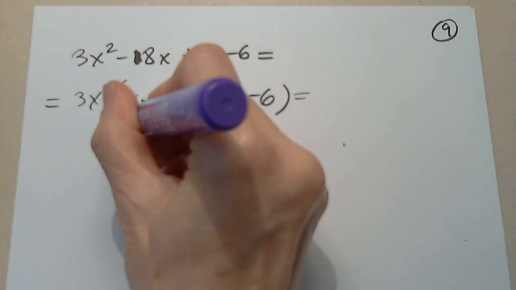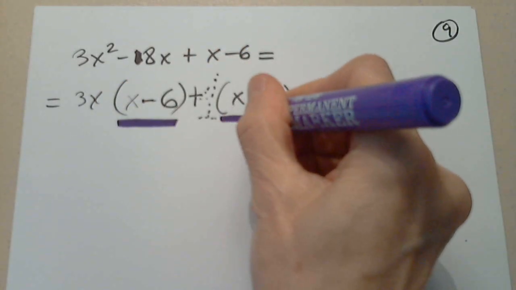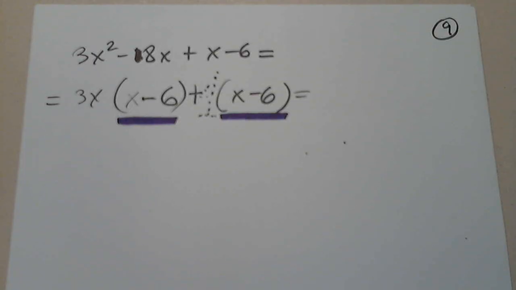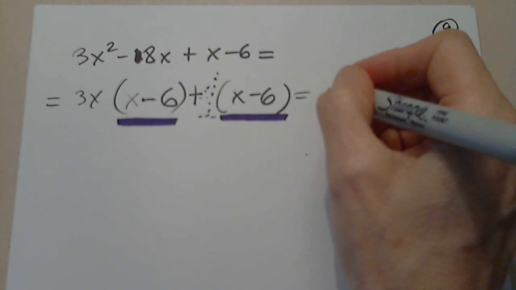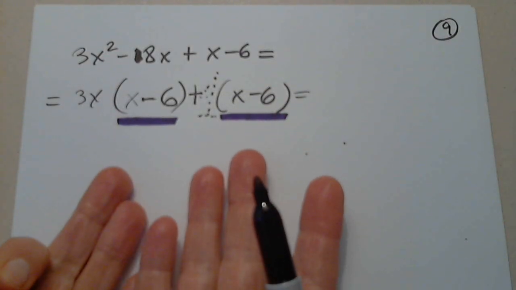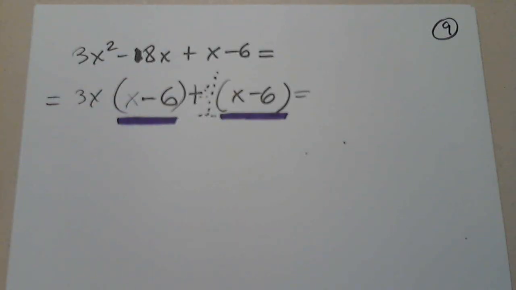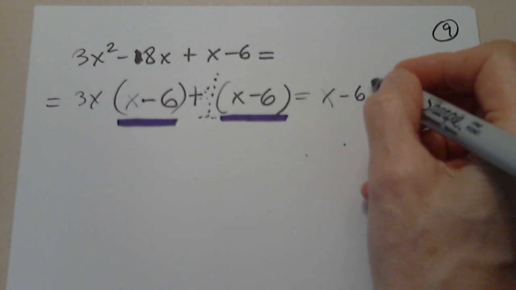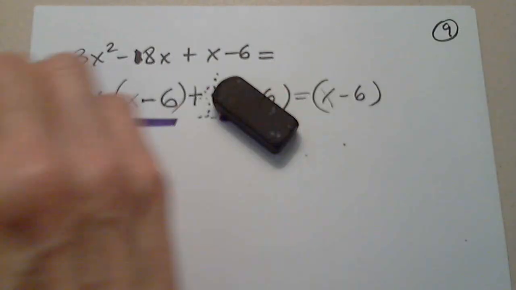Let me underline it. So it's not 1, it's x minus 6. I underlined the factor that we see is the same factor in both terms. Okay, so take out x minus 6. Of course. Now it's out.